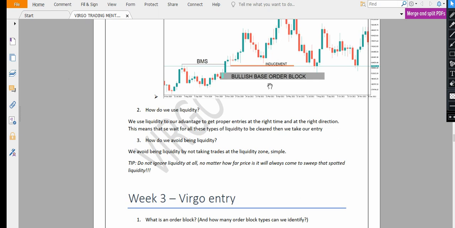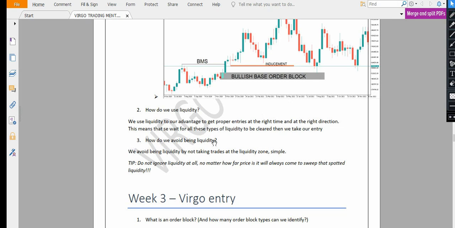Now wait for this inducement to be cleared, and then again we have, remember, the trendline liquidity here. So wait for all of them to be cleared, and then we take our trades. Simple as that. We don't have to dwell much on this.